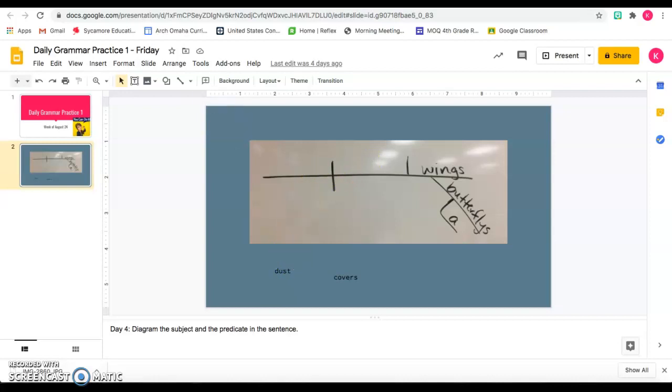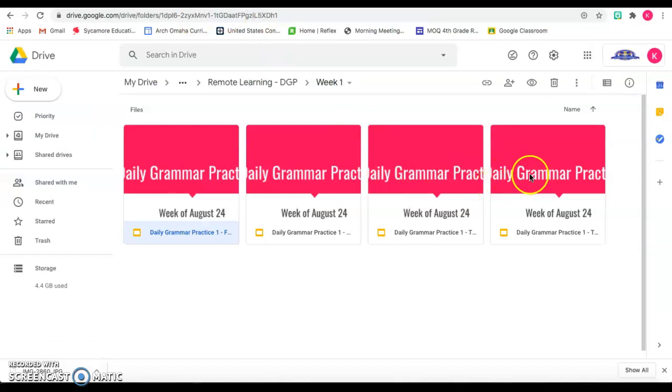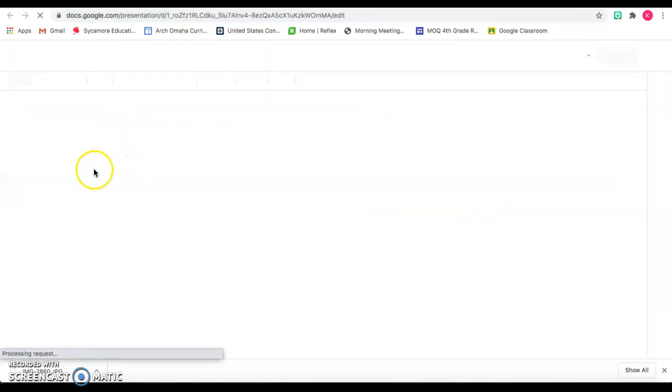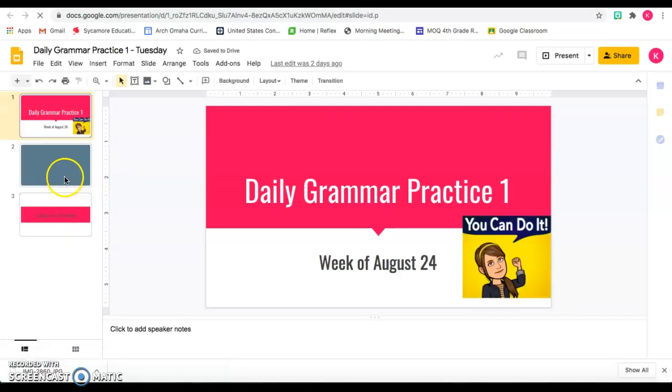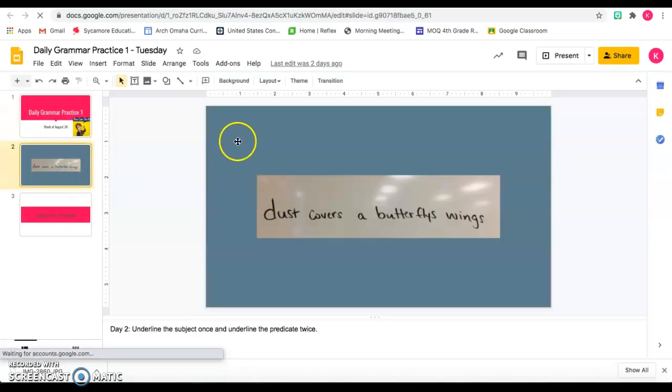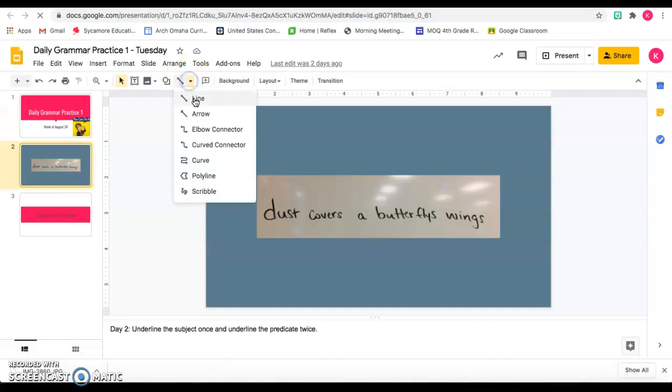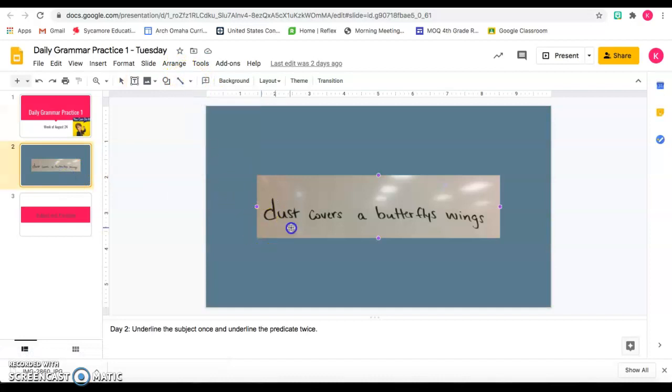And let's just go ahead and open our Tuesday one. We would have found that dust was our subject. Remember, we underlined that one time. And then covers a butterfly's wings would have been our predicate.